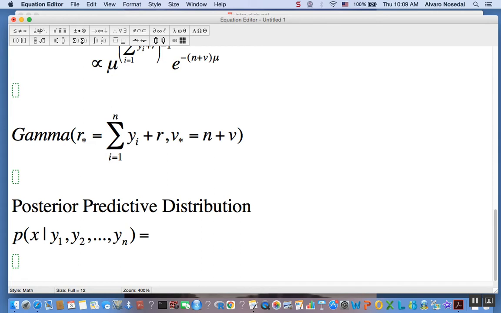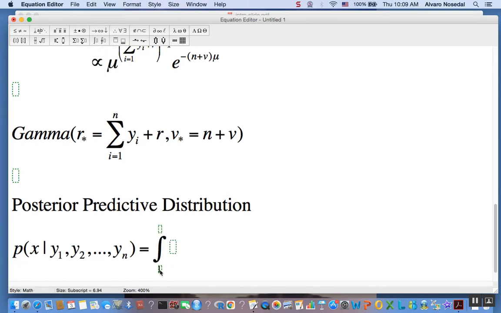Anyway, if we write down the definition for the predictive distribution, it is just an integral in this case of the following product: the probability of observing x given a particular value of mu, times the posterior distribution of mu given your sample.